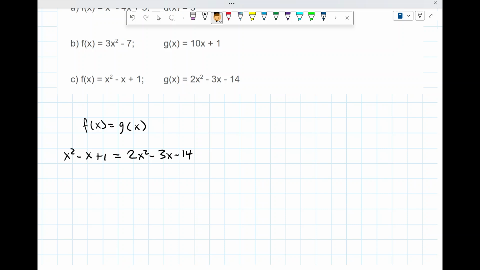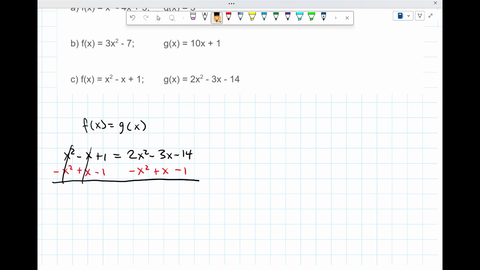And I'm going to move, in this case, everything to the right-hand side so I avoid having a negative x squared. If I moved, for example, the 2x squared, I would end up with a negative x squared on the left. I want to avoid that. So what I'm going to do is get rid of everything on this side of the equation. So I end up with a positive x squared.